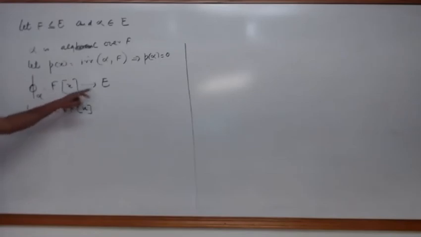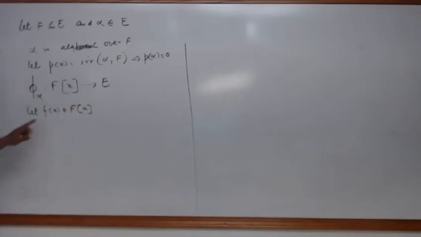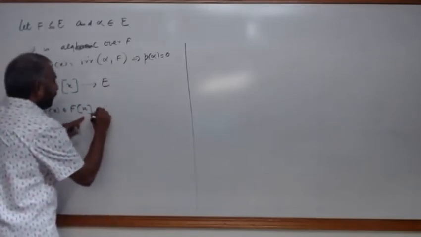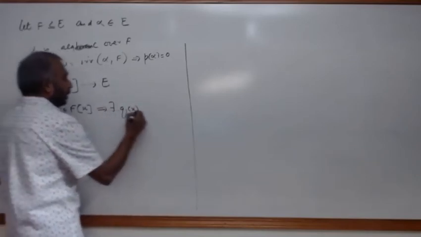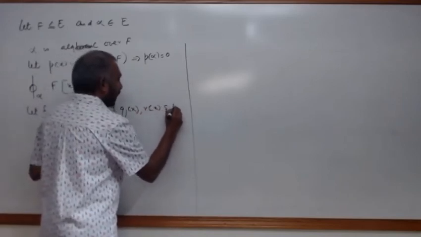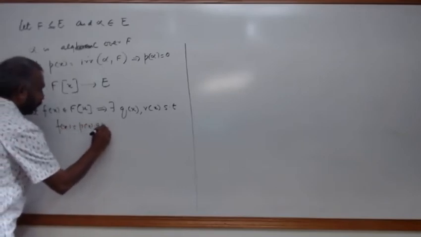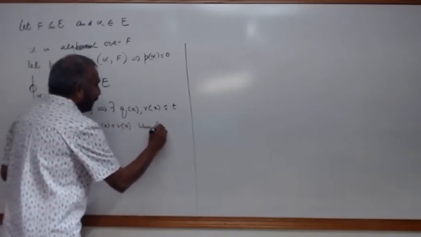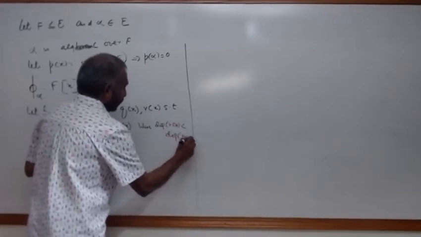Then see what is the image of this f of x. Since f of x and p of x are both in F of x, there exist two elements q of x and r of x in F of x such that f of x is equal to p of x times q of x plus r of x, where degree of r of x is less than degree of p of x.